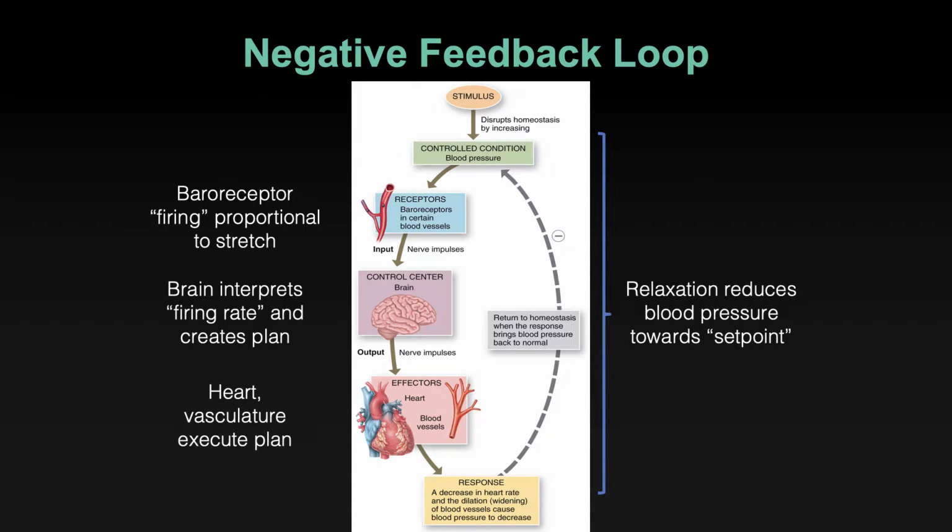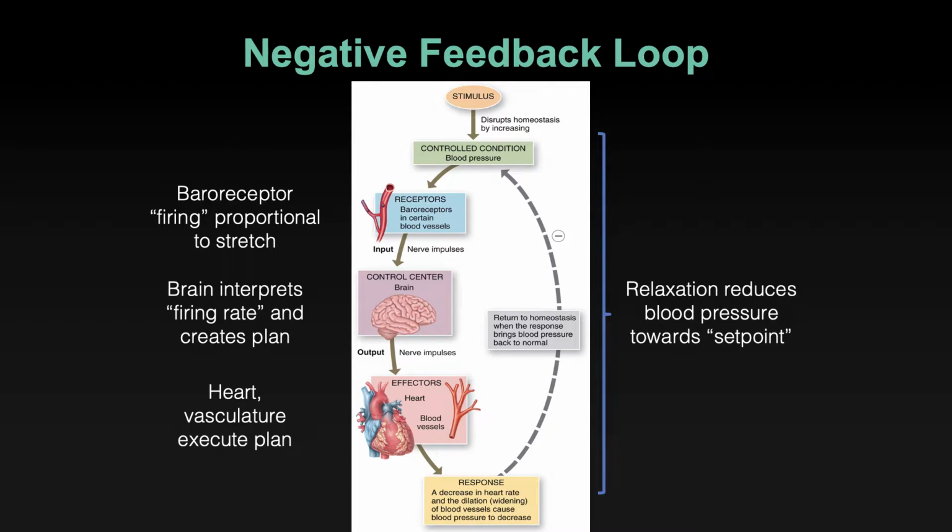Overall then, whatever the plan happens to be, whatever organs are involved, the net result should be pressure goes back down. That rate of firing will slow if the plan works. The baroreceptors will then relay that information again. The processor will say, okay, yeah, the plan worked.